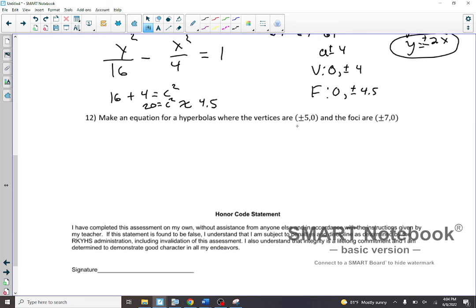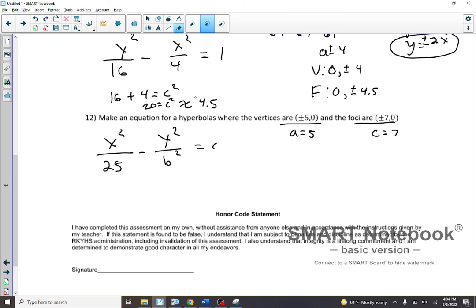Make an equation for the hyperbola where the vertices are plus or minus 5 and the foci are plus or minus 7. So the vertices is where a equals 5 and the foci is where c equals 7. So I know it's going to be x, so x squared over 25 minus y squared over b squared equals, not c squared, equals 1.